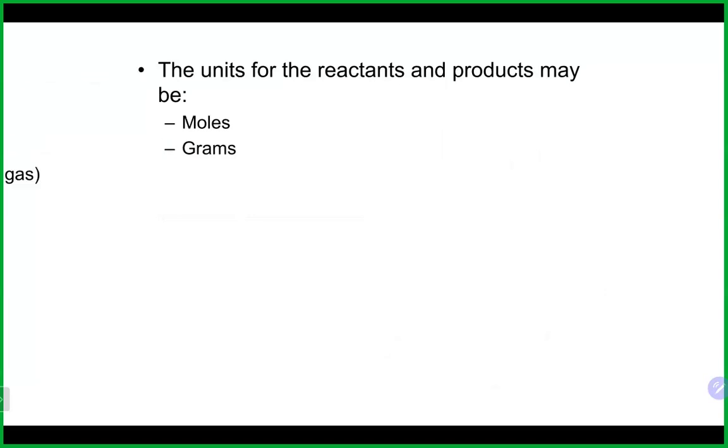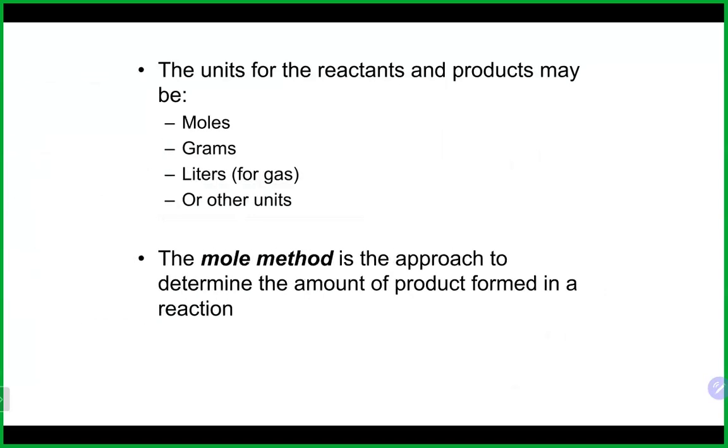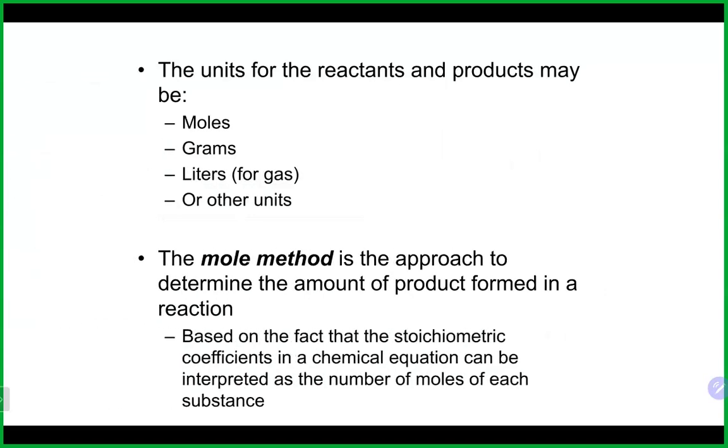So the units that we use can be really any units, but for us, it is going to be moles. And if your units are not in moles, you need to get them from grams, usually, to moles. And at the end of this calculation, a lot of times we need to go from moles back to grams. So what we were just talking about: if I want to go from grams to moles or moles to grams, what conversion factor do I use?